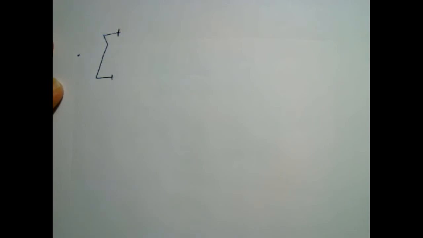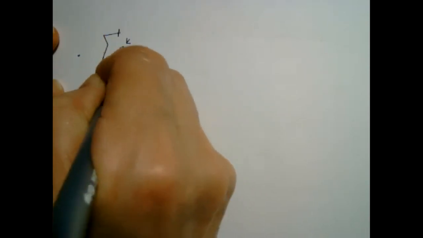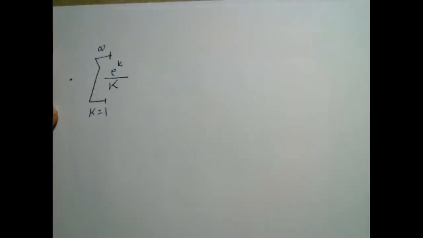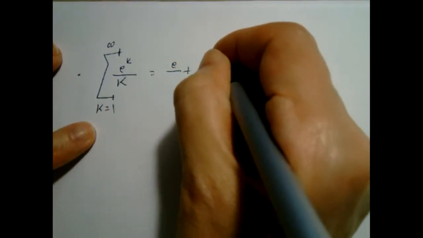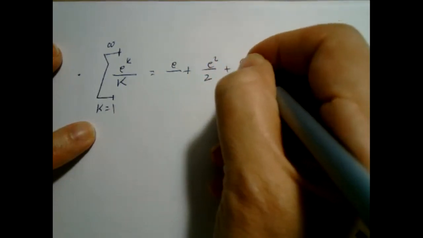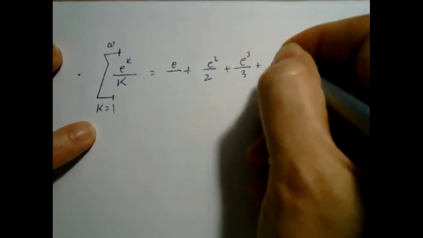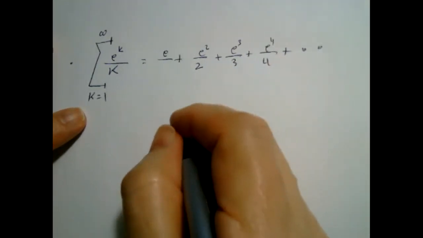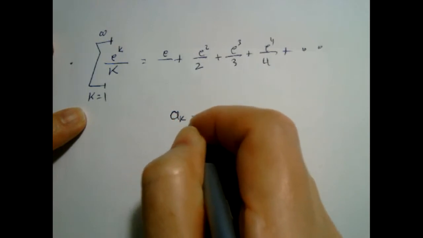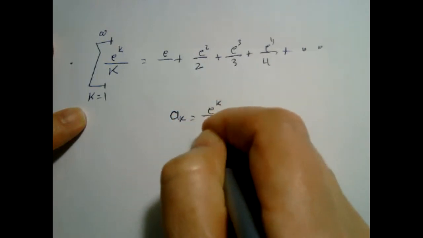Suppose I give you the following series: sigma e to the k over k, k equal 1 to infinity. All right, so this means e over 1 plus e squared over 2 plus e cubed over 3 plus e to the 4 over 4 plus, etc. So a_k, the general term here, is e to the k over k.